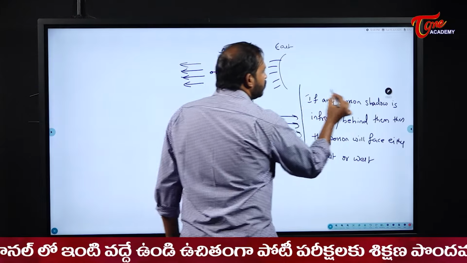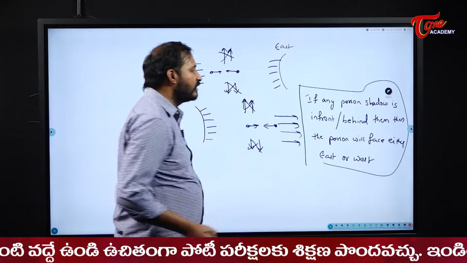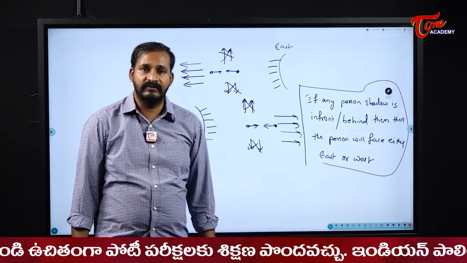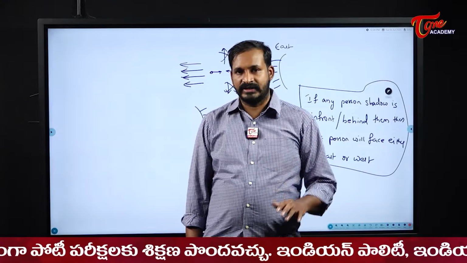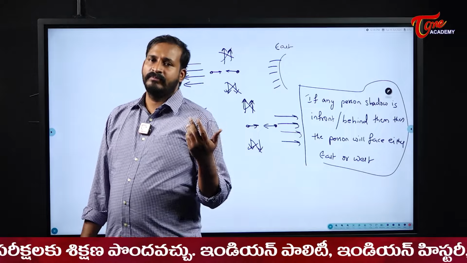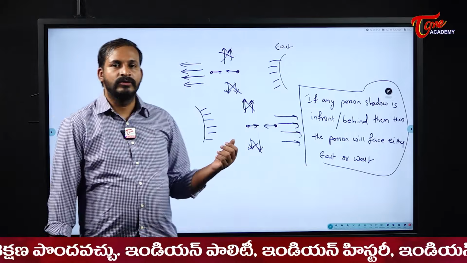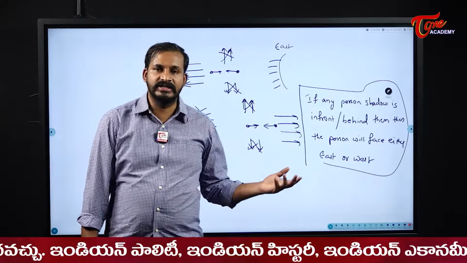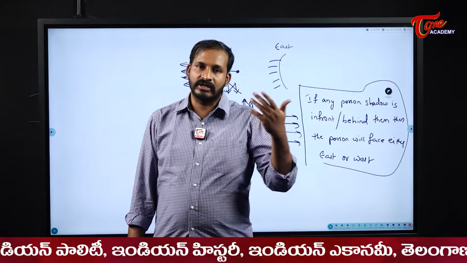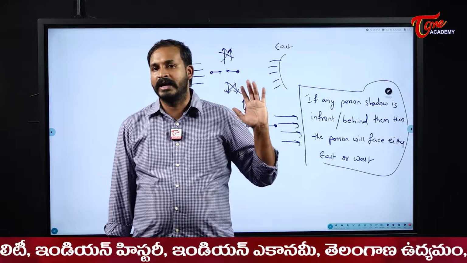So if the shadows fall in front of them or behind them, the person will face either east or west. Similarly, if the persons are facing towards east or west, their shadows will fall in front of them or behind them.